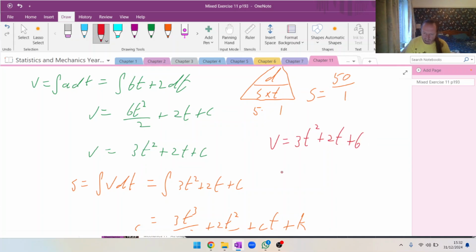The velocity when t equals 5 is 3 times 5 squared plus 2 times 5 plus 6, which is 3 times 5 squared plus 10 plus 6, which is 91 meters a second minus 1.